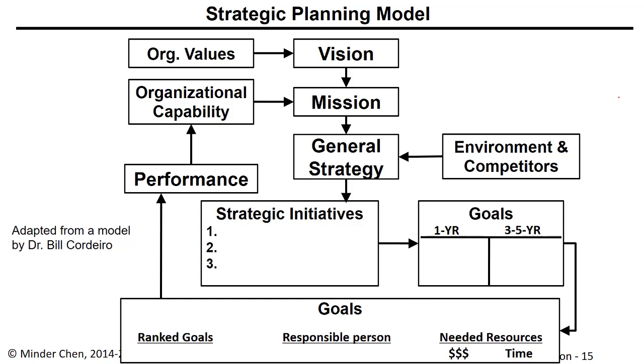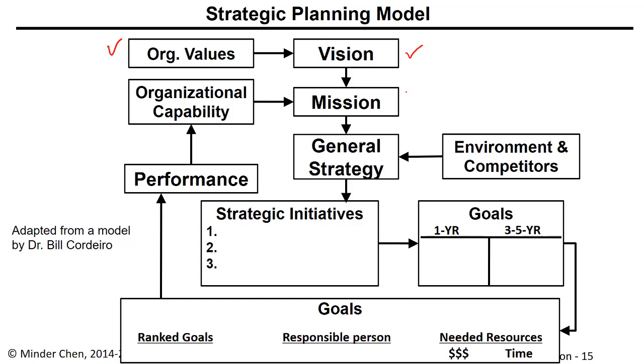Last but not least, I adapted a strategic planning model from our former dean, Dr. Bill Cordero, which showed the relationship more clearly of vision, mission, strategy, and goals, and a few other things. Our organizational values to some extent drive our vision.